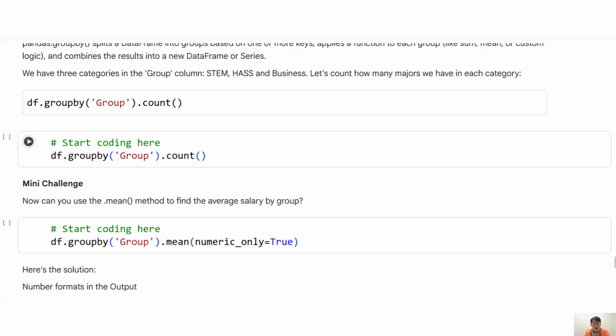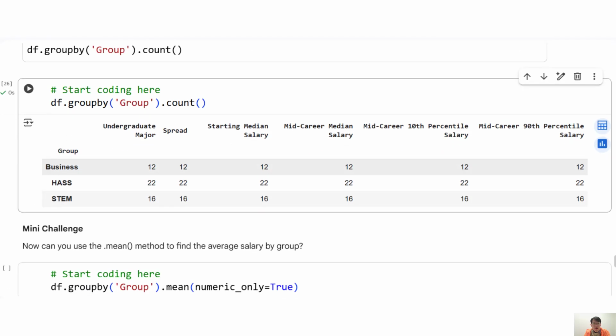If I run it, it will show you that for business school there are 12 entries. It means that for each column there are 12 entries. So business school appears 12 times. It also means there are 12 majors belonging to business school, 22 majors belonging to HAS, and 16 majors belonging to STEM.